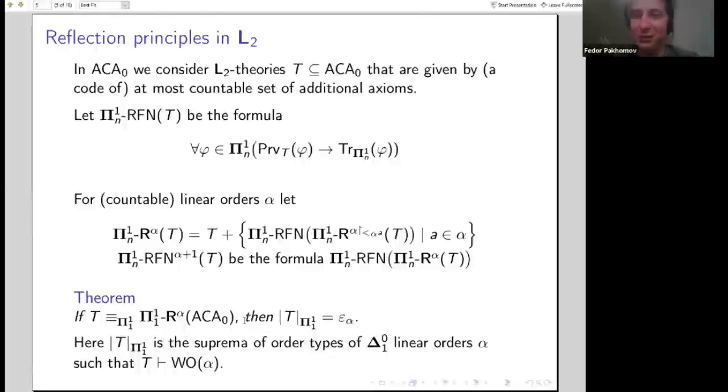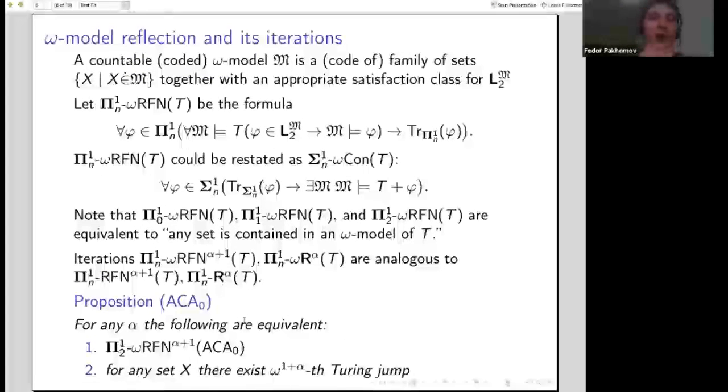Now we want to build on this and consider stronger theories, not just theories of iterated Π11 reflection. In order to get to stronger fragments of second-order arithmetic, we need to consider omega model reflection. In second-order arithmetic, we could talk about omega models.